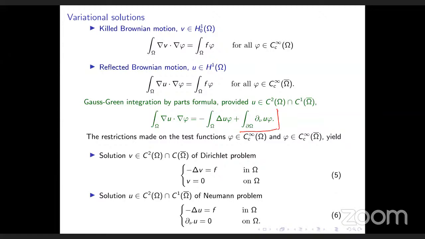And so, for example, this is the Neumann boundary condition, which will become zero. This is a very classical result.